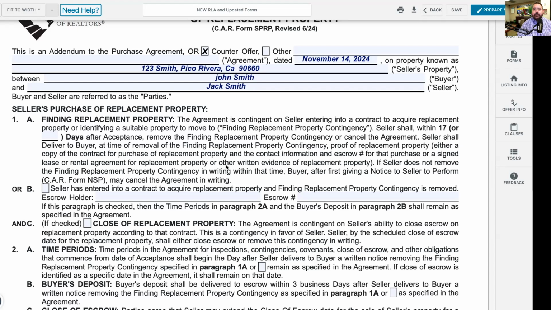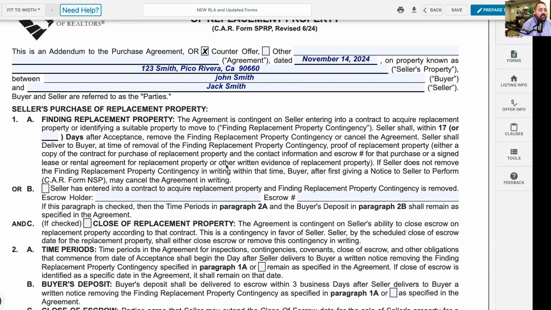I've had arguments in the past with listing agents where buyer's agents are requesting a copy of the purchase agreement and the escrow information on your upleg, and they're refusing to give it to them. You cannot refuse that. It says right here that you have to give them that. Okay? You have to give them a copy of everything. If it's a purchase, you have to give them a copy of the purchase agreement and the escrow information.